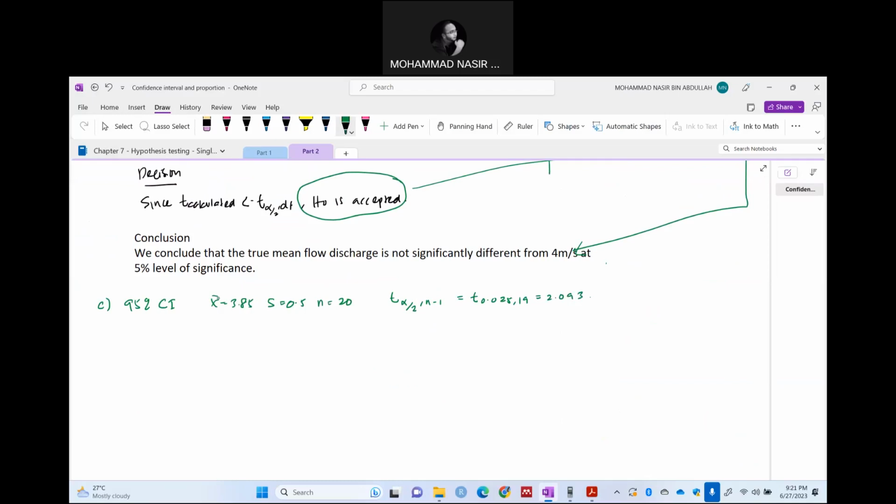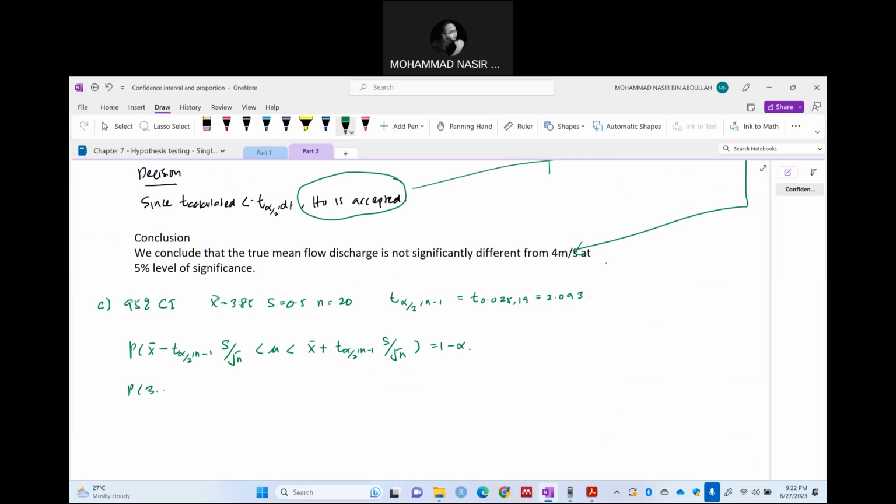So the confidence interval is the probability of X bar minus t alpha divided by 2, n minus 1, times S over square root of n, less than mu, less than X bar plus t alpha divided by 2, n minus 1, times S over square root of n, equal to 1 minus alpha. n minus 1 is the degree of freedom, right?